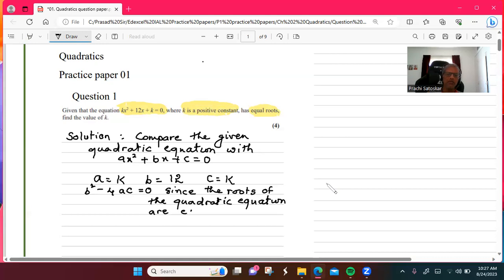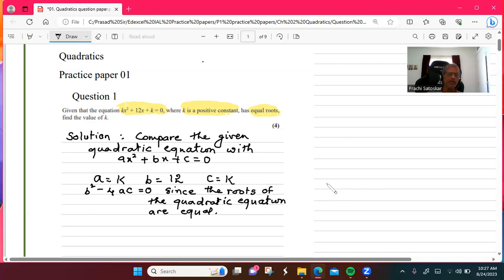When the roots of the quadratic equation are equal, the discriminant of the quadratic will be 0. That means b square minus 4ac will be equal to 0.